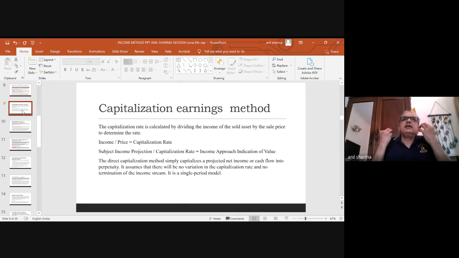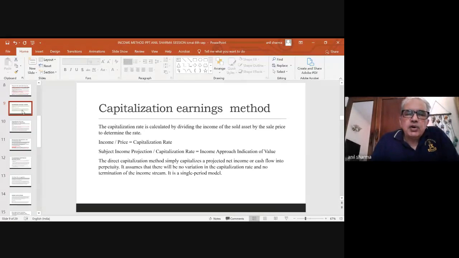So it basically gives you a very simple method of calculating the value of the asset using the income method, right? So the income upon the asset you paid, let's say you invested 10 lakh rupees, right?